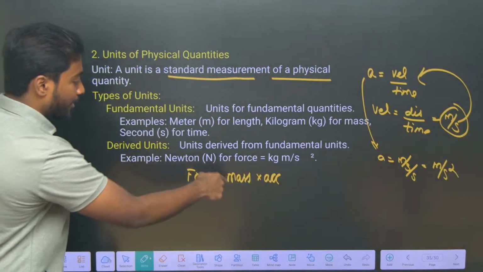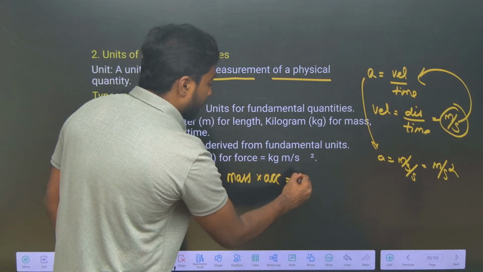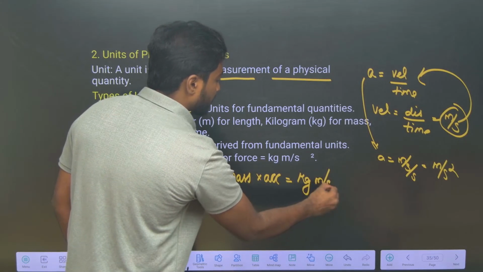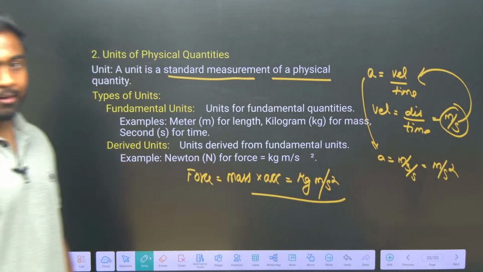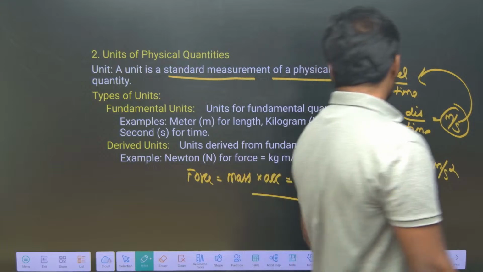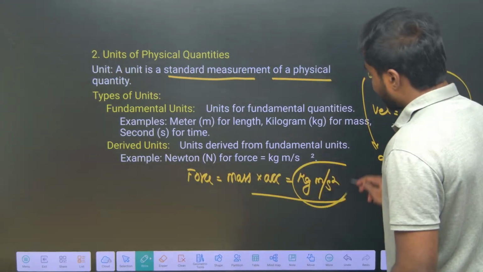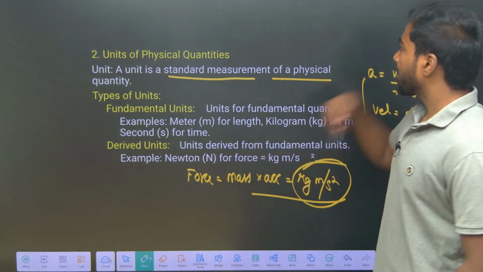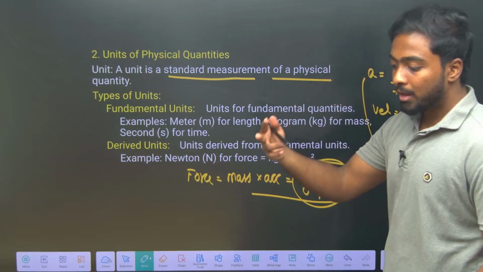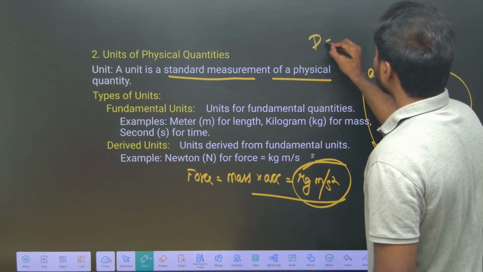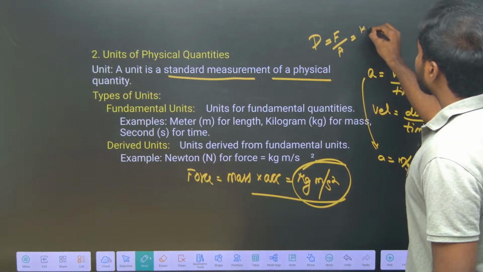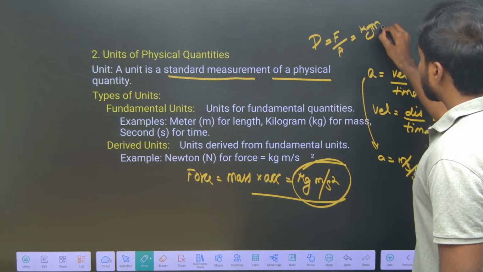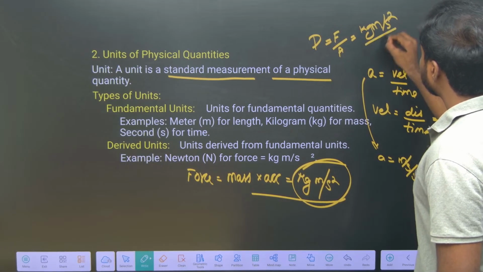So acceleration will be meter per second divided by second, which is meter per second square. Now I can take that acceleration and substitute it over here. So kg meter per second square is the unit of force. What is the unit of pressure? Pressure is force per unit area, so kg meter per second square divided by meter square.